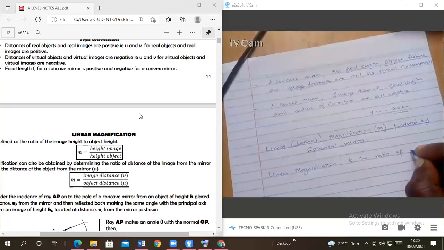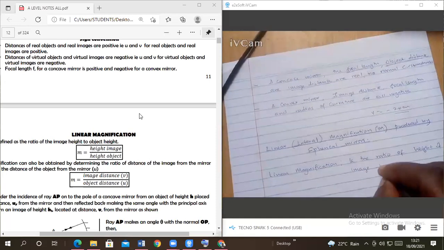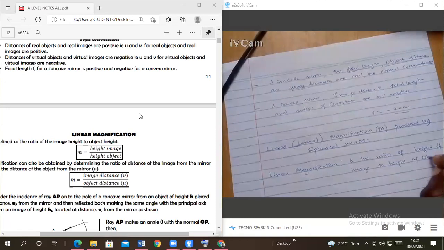of height of image to height of object. Stop.